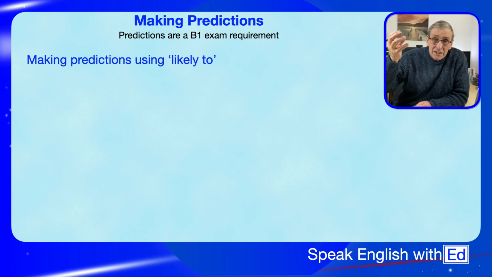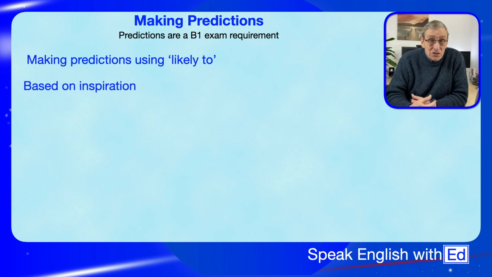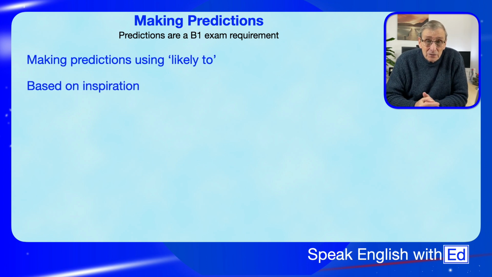They're calculated, they've got figures and numbers and data, and they're making a calculated prediction, so they're pretty sure. And you can use that for going to and for will. If you're not quite so sure, say that's 90% sure. If you're only 70% sure or 60% sure, you can use likely to.